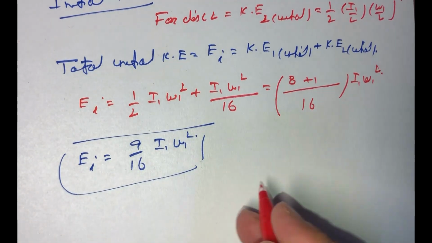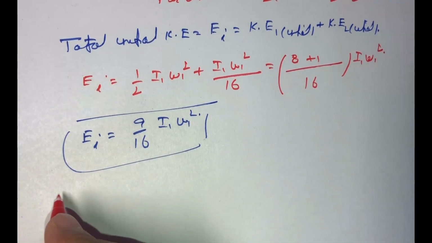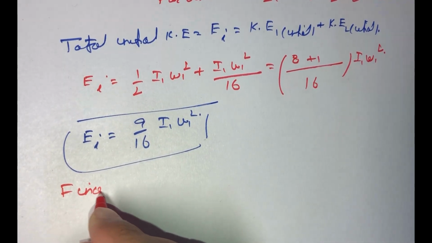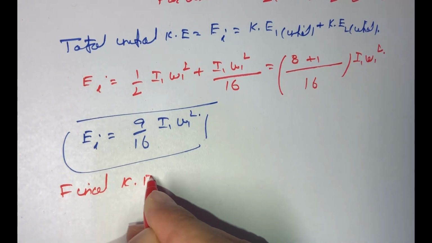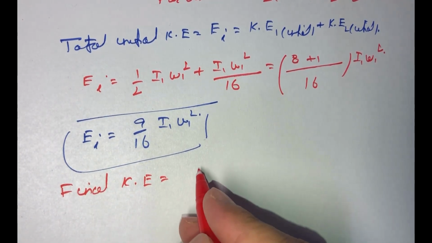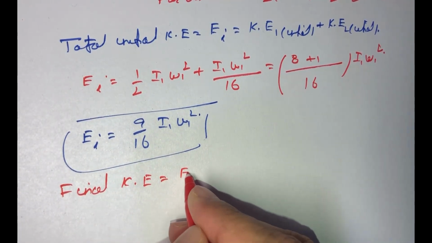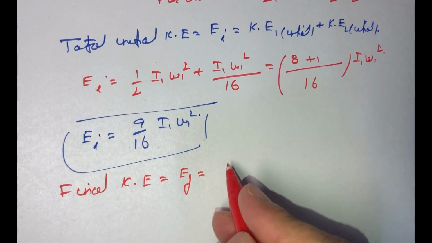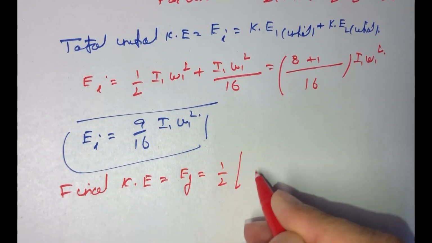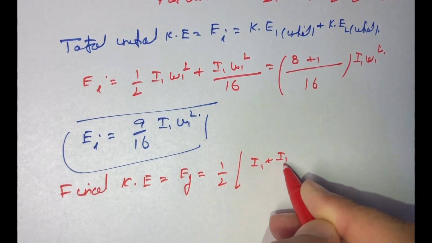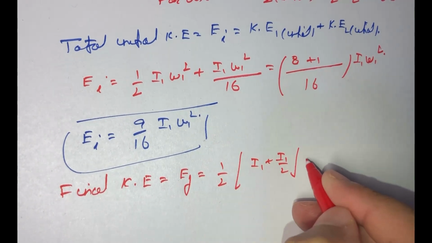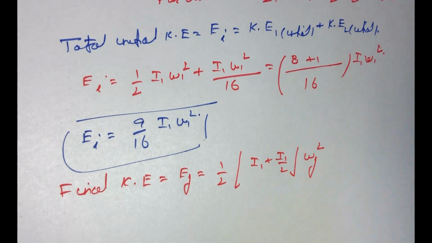Now the final kinetic energy, which is given as EF. This will be equal to 1/2 times I1 plus I1/2 times omega f square.